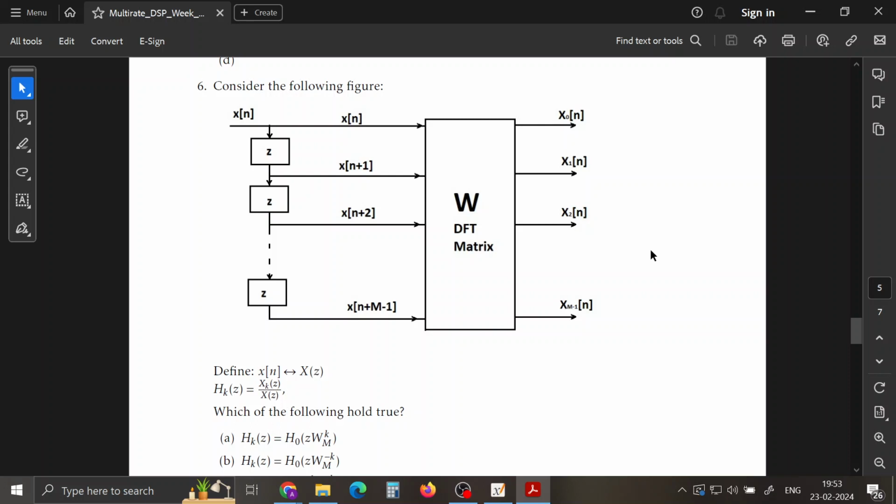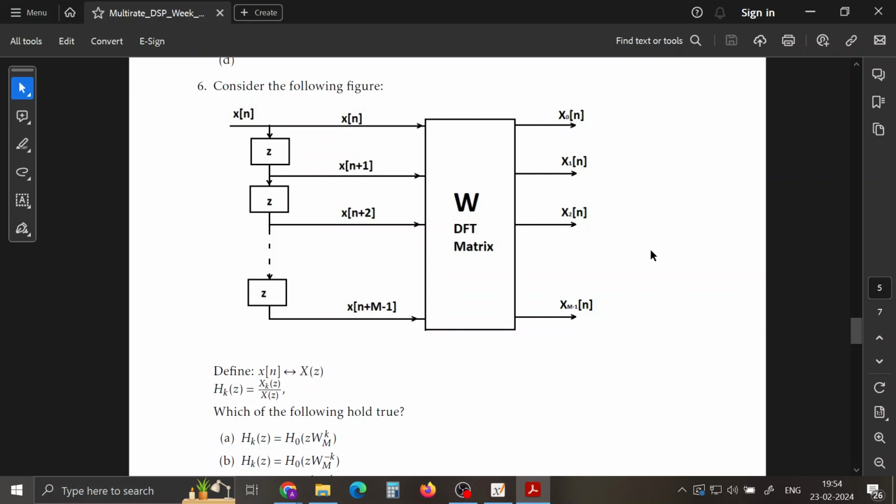We have basically m number of branches. At the output what we are getting are the DFT coefficients, basically capital X0 of n, capital X1 of n, and so on all the way till capital X m minus 1 of n.